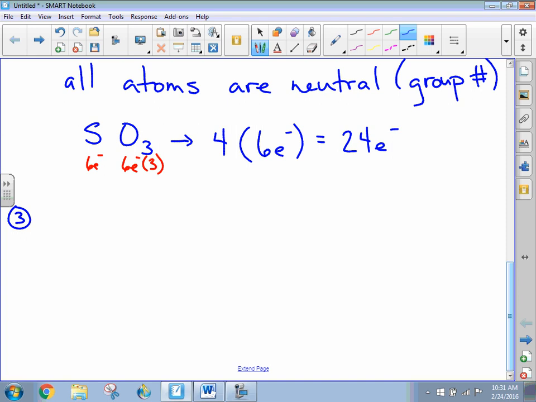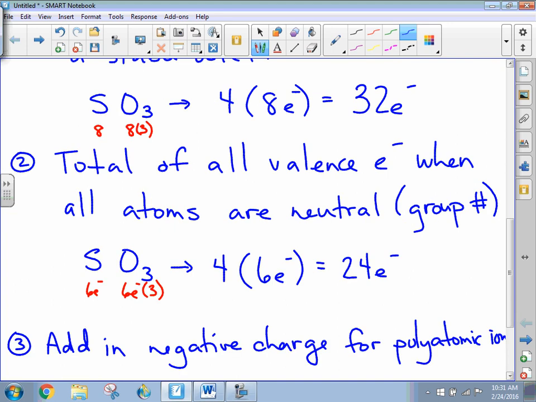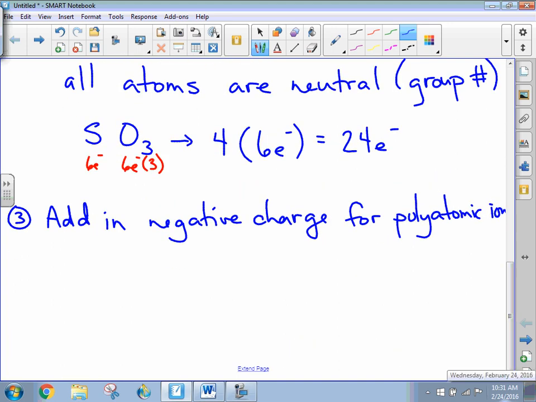So if you're working with polyatomic ions, you either have to add in the negative charge, or you're going to subtract the positive charge.